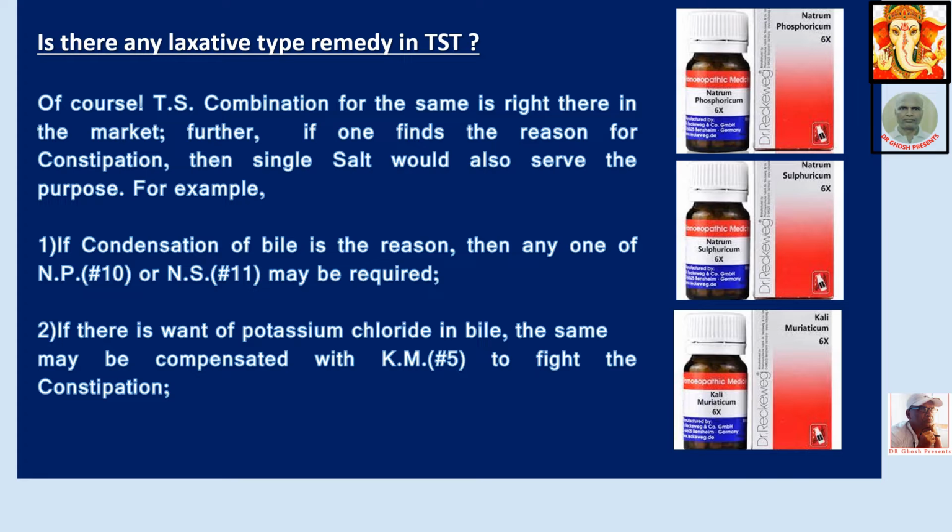In such a situation, NP or NS may be required depending on other symptoms. Number 2, if there is want of potassium chloride in the bile, the same may be compensated with kali mur, salt number 5, to fight the constipation. That is, in such case you will give simply kali muriaticum.